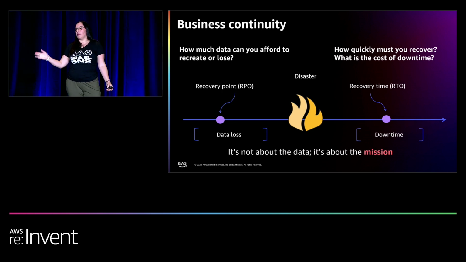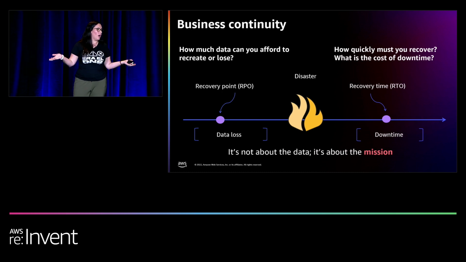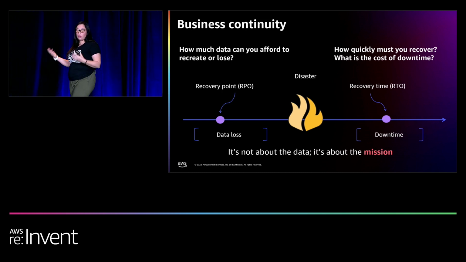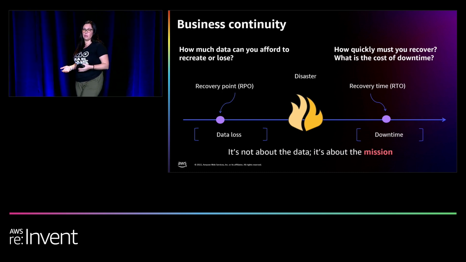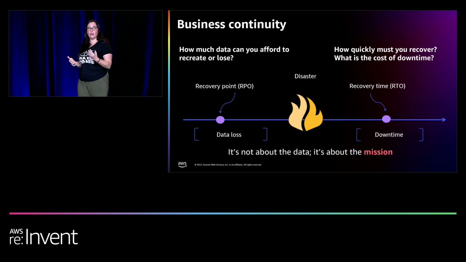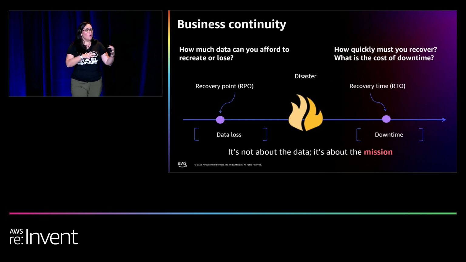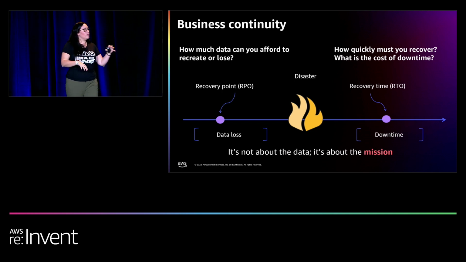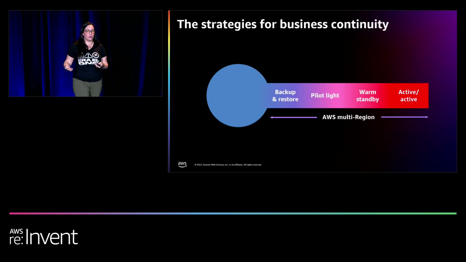Sure, you might be thinking, I don't want to lose any data, and I don't want to have any downtime. If you go that way, it will be very expensive, and it's very hard, and it adds a lot of complexity, and you need to test.